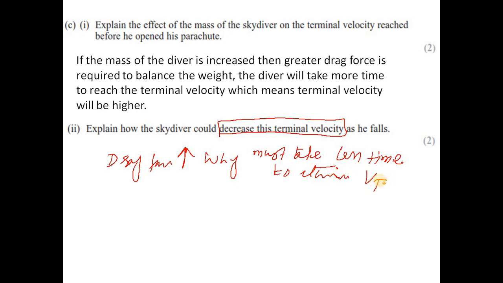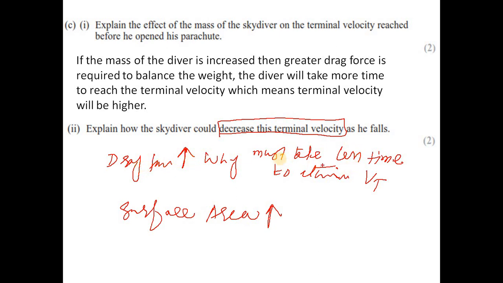If you need to increase the drag force, the major factor during a dive is surface area. If you increase the surface area, that will cause an increase in the drag.